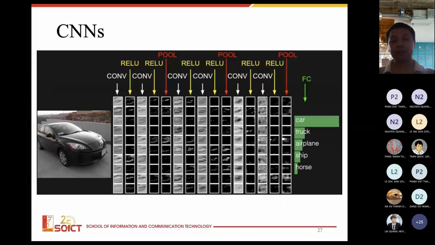Okay, so this is a typical architecture of the CNN in reality. You have the input image, the convolution layer, then the activation function, the ReLU, then the convolution layer, then the ReLU, and then you have the pooling. Naturally, you want to reduce the size of the activation map.